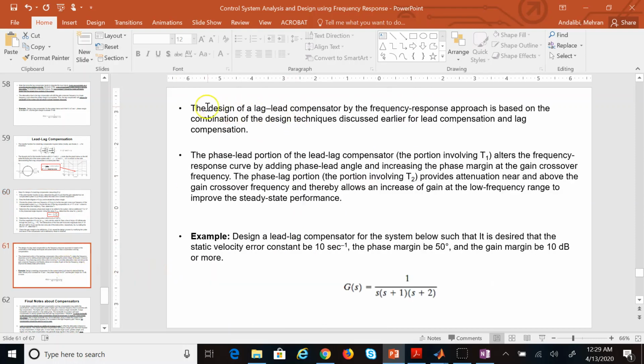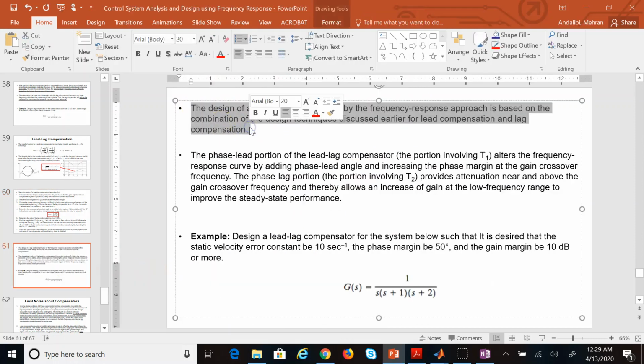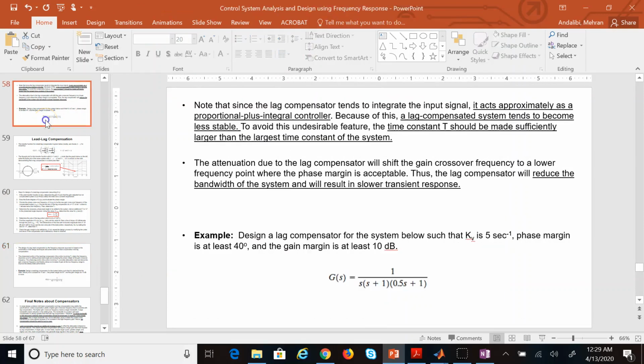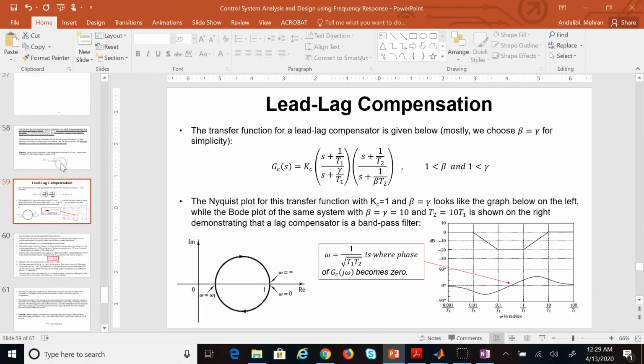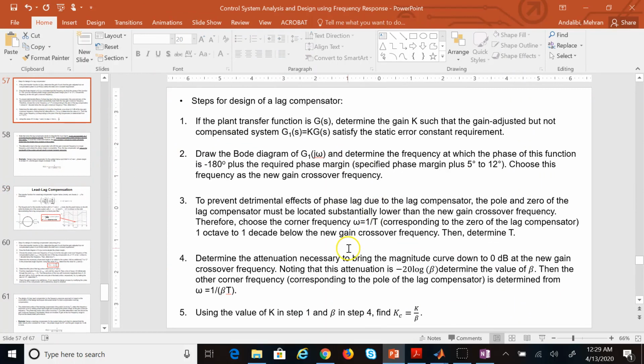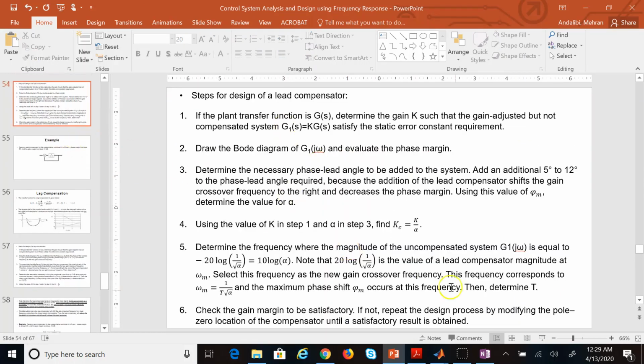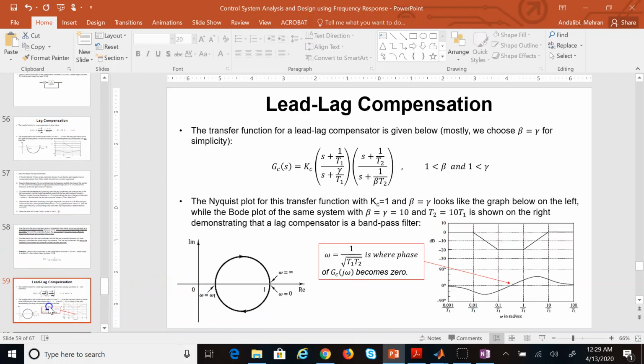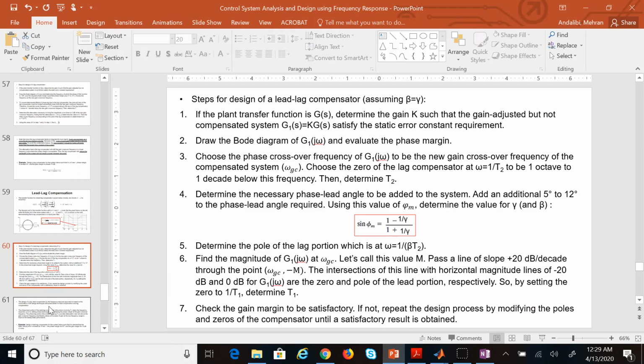It just mentions that it is a combination of lead and lag, while actually the lag has its own procedure, 5 steps, and the lead has its own procedure, 6 steps, and how to combine them exactly is not mentioned. It's quite vague. So I went through the examples and wrote the process like this, which you can easily follow to design the lead lag compensator.